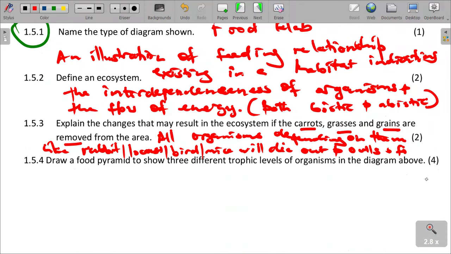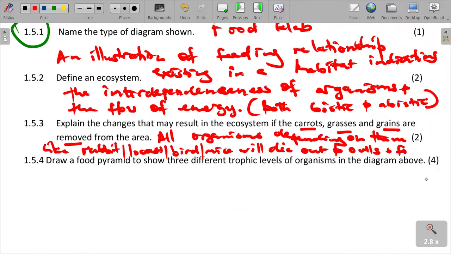We can say the producers. I can as well take the carrots there. So those are my producers, and then I have the next level, where I can take the grasshopper and the bird, or I can take the rabbit, whatever.